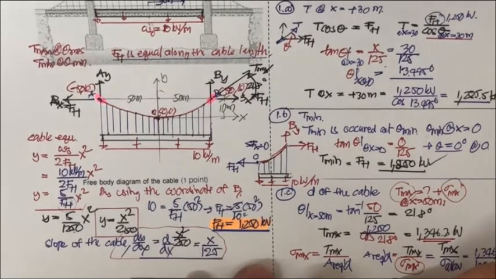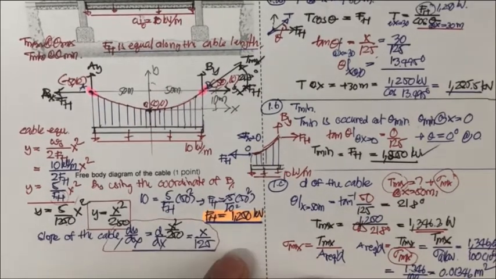So your required area is 1.346 divided by 100, and this is going to be 0.01346 meter square.